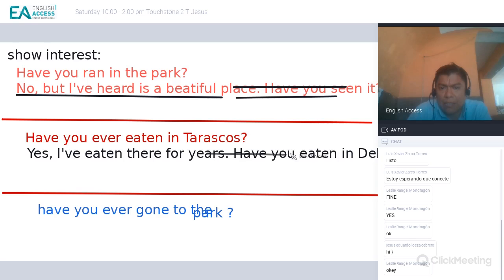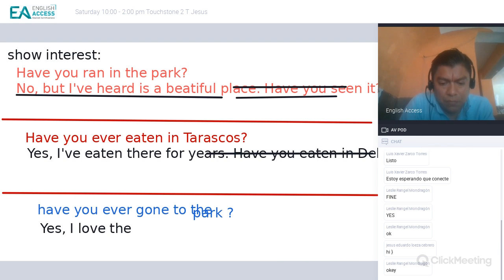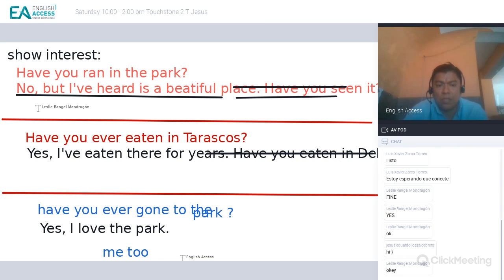We just forgot to ask the question. So I'm going to write an example over here. Now, what do you answer? What do you respond when you don't have this question to continue the conversation? How do you continue the conversation?